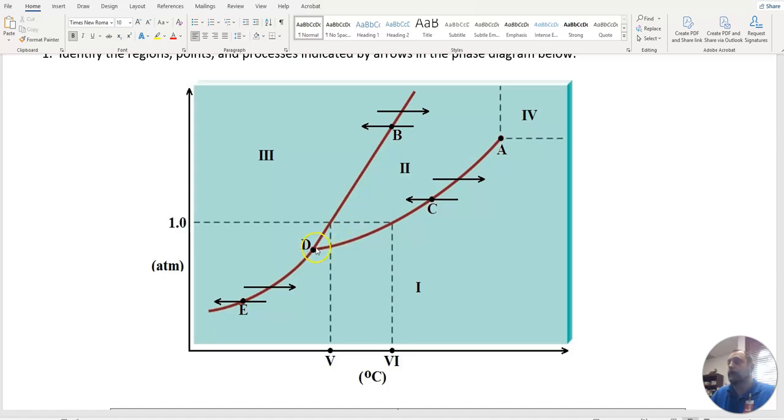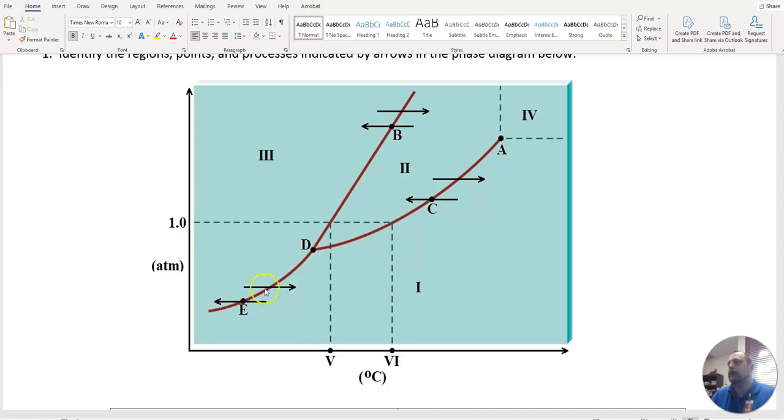So I'll have solid, liquid, and gas all present there. We're also going to be looking at A, which is the critical point. And so anything above that, we're going to be looking at supercritical fluids, which behave kind of as a mixture between gases and fluids.